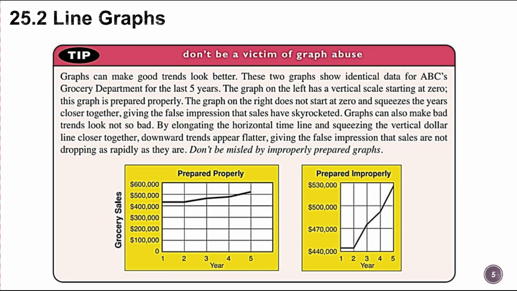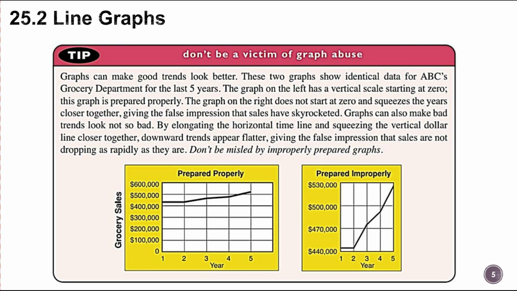The one on the left is prepared properly because we started at 0 and went to 600,000. That's showing a better look at grocery sales than the other one. The other one makes it look like there was a really steep increase. But when you look at the one on the left, you can see it's increasing, but it's not a drastic increase over the 5-year period we're looking at on this graph.